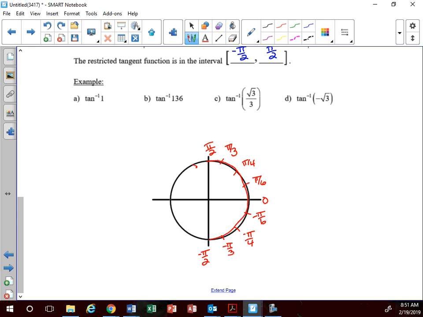The right side of that circle, so ignore the left side over here.